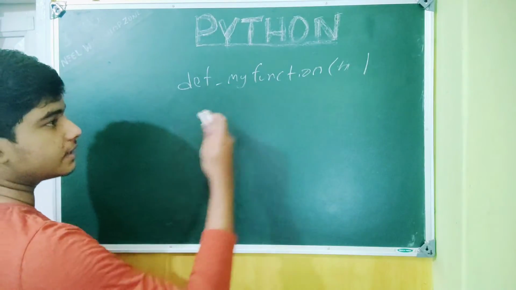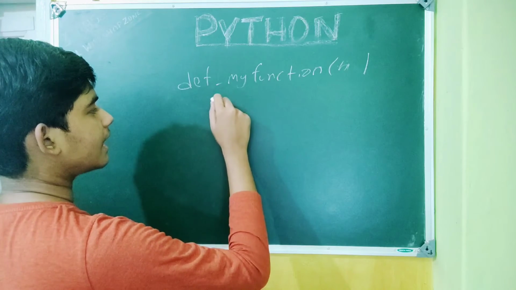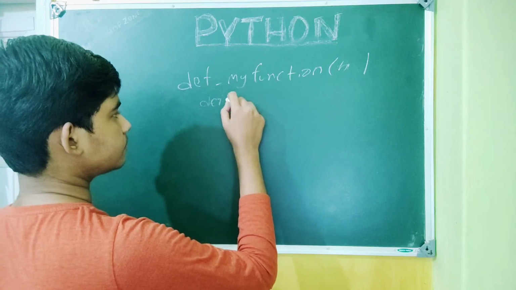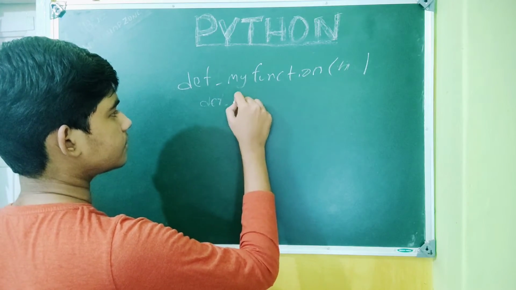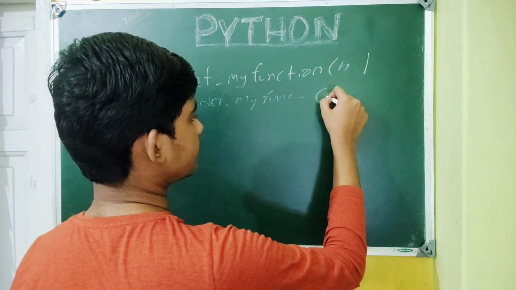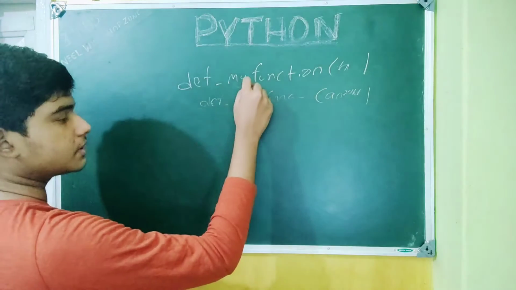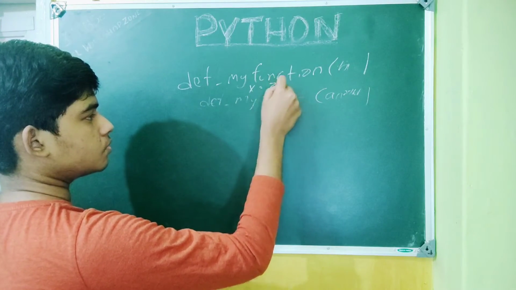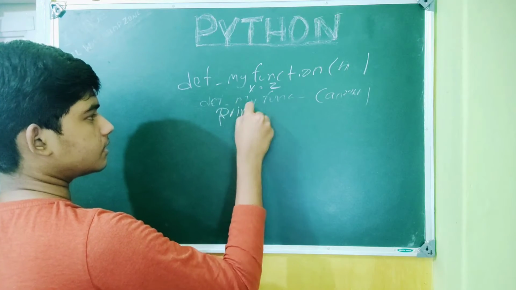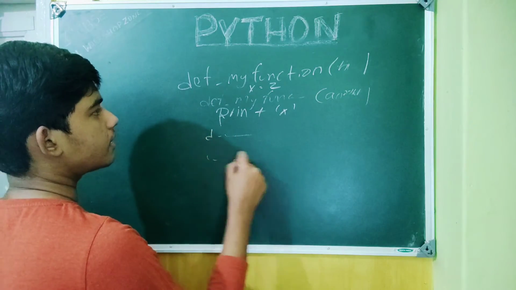So for example, let's write a function, and let's write another function inside it. Now let's say between these functions we write x is equal to 2, and now let's say print x, and you close the functions.